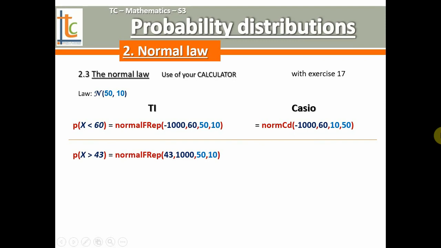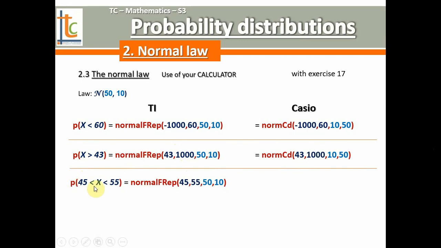For the second question, it will obviously be the interval 43 plus infinity. Is more than 43 means belongs to 43 plus infinity. And at last, the parameters of your law.